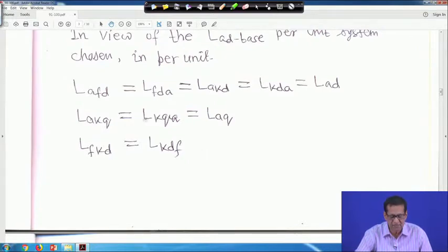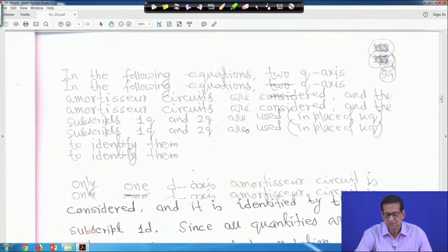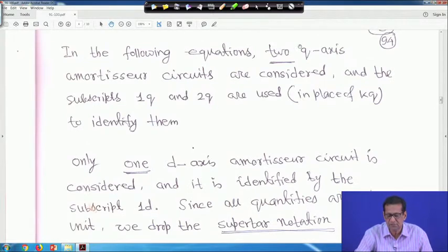Similarly LAKQ is equal to LKQA is equal to LAQ. And similarly LFKD is equal to LKDF. So in the following equations, two q-axis amortisseur circuits are considered. Suppose you have considered k equal to 1 and k equal to 2, and the subscripts 1q and 2q are used in place of kq to identify them, just for the sake of our analysis.